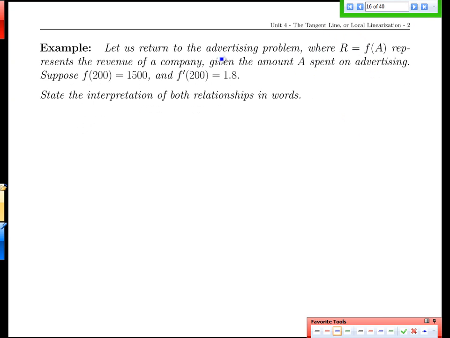All right. Let's go back to that advertising problem where revenue is a function of the advertising spend, and here are some features of it. Spending $200,000, that's our A, $200,000 in advertising.